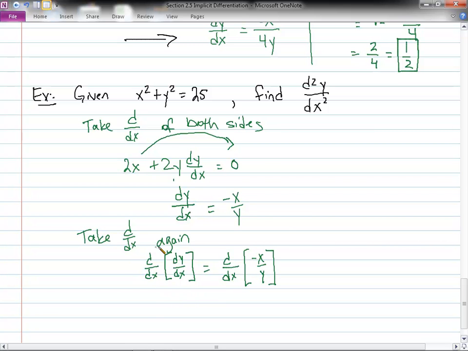To me, this is really how I help remember what the notation is, because you have to remember where the 2's go whenever you're doing the Leibniz notation, this differential notation. It's d squared y over dx squared. See how that matches up here? Because you're doing d/dx of dy/dx, which gives you 2 d's and 2 dx's, right? Now, what rule are we going to have to apply in order to do negative x over y?